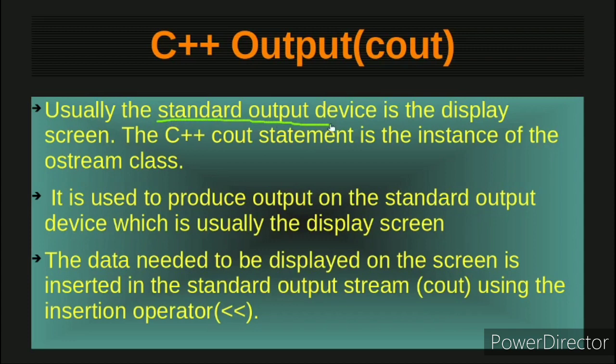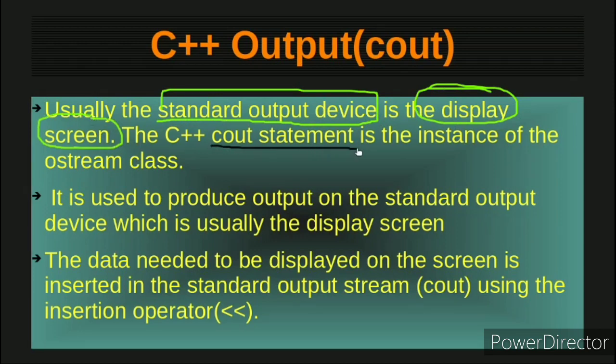Whenever we say standard output device, we generally refer to our display screen or the monitor, and the cout statement is the ingredient that we need to transfer the data from our program to the display screen.